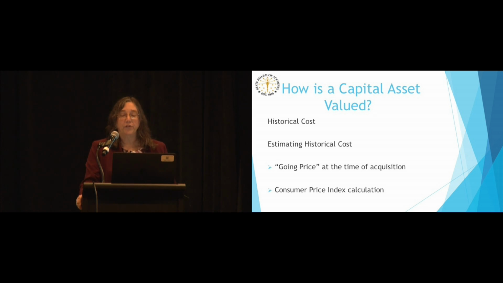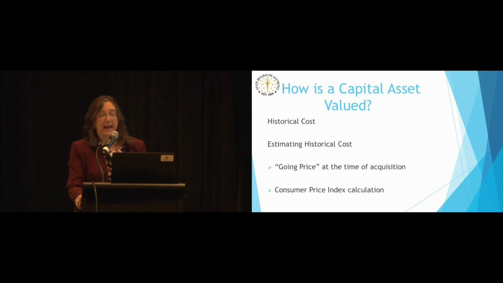The second approach is to determine what it would cost to purchase or acquire that asset new today, and then restate that amount in acquisition year dollars. For example, if you have a building that you purchased in 1930, you know what the replacement cost is because you had to get that for your insurance purposes. You can apply a consumer price index factor to the current market value or the replacement cost amount to estimate the historical cost.